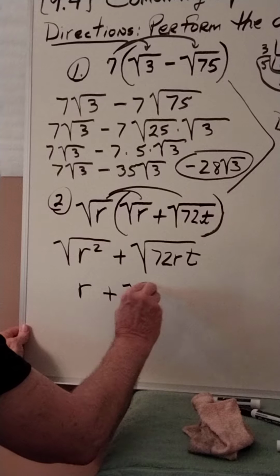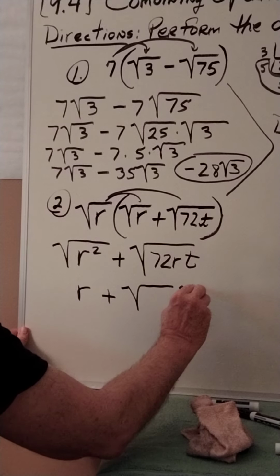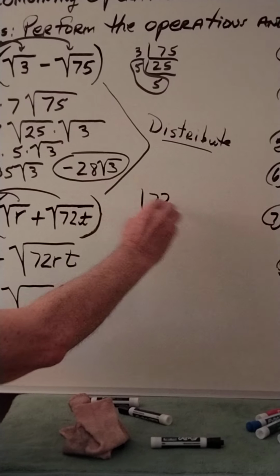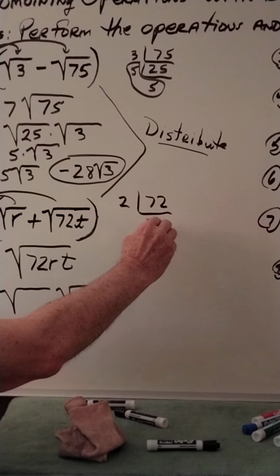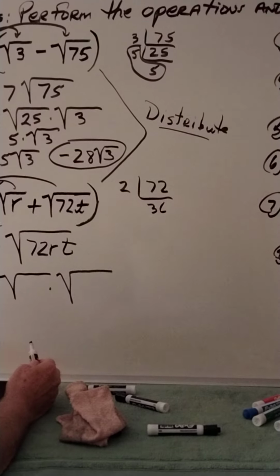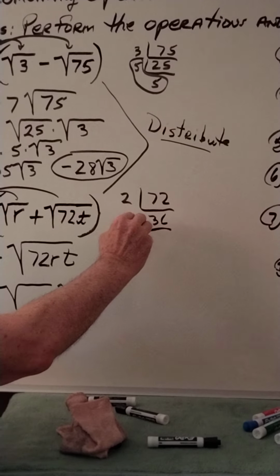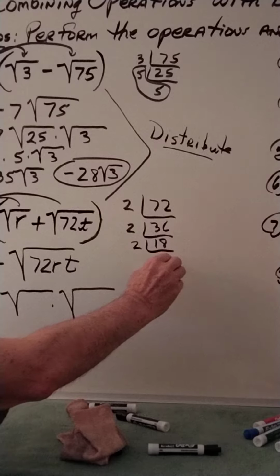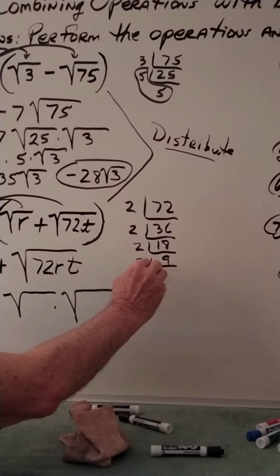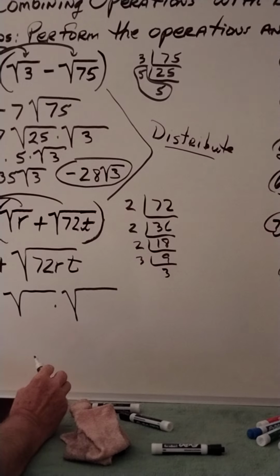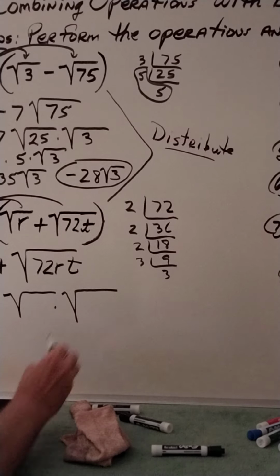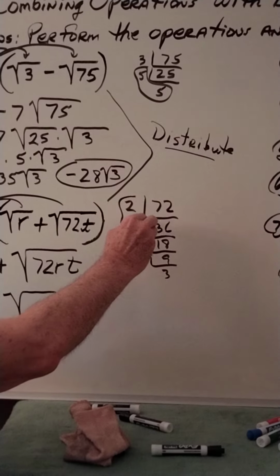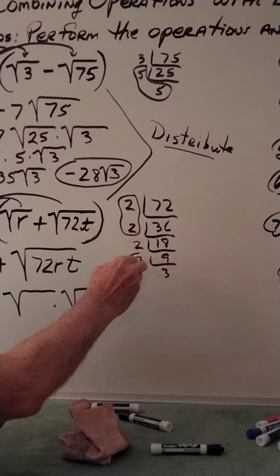So we're going to have to split it up. 72 to 36, 2, 18, 2, 9, 3, 3. Very carefully here now. Here's 2 of a kind. And here's 2 of a kind.